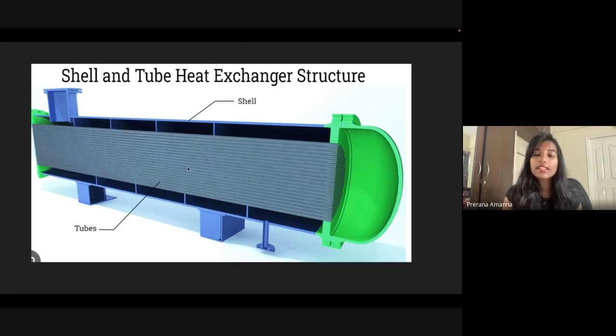To heat this liquid, you need a heating liquid. That heating liquid will be around the tubes, inside the shell. So when the cold crude oil passes through, with the heating liquid already around it, the crude oil will get heated and come out.